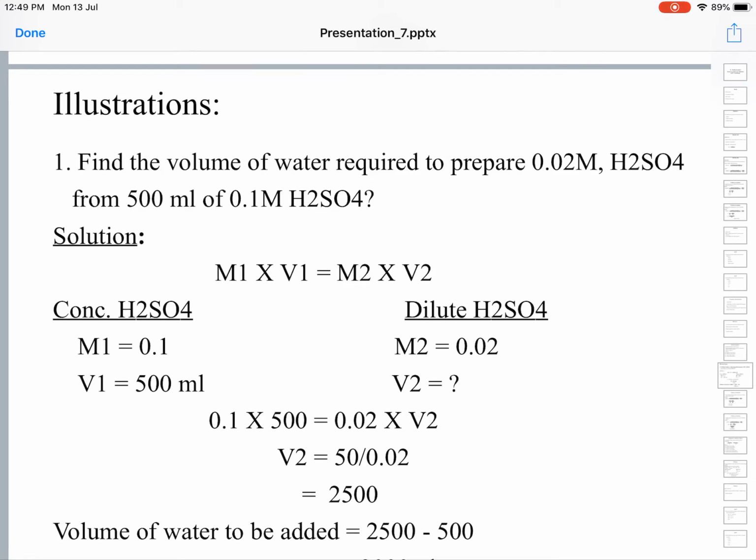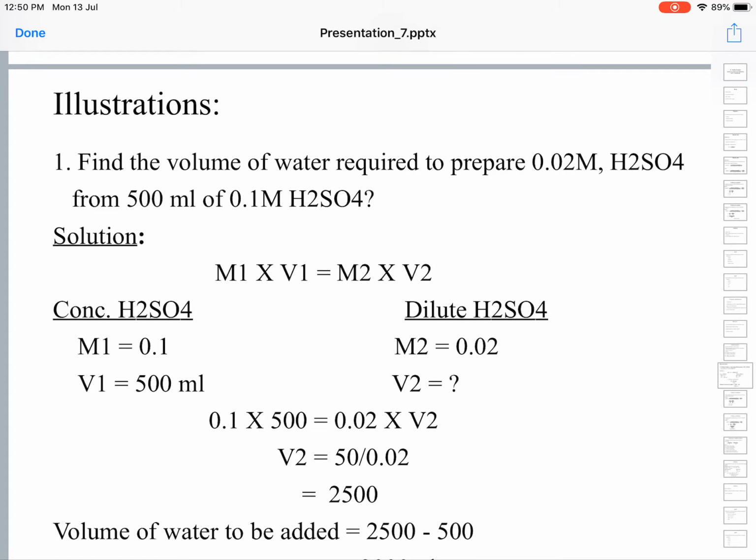But in the problem, 2500 is not the answer. What is asked? Find the volume of water required, or how much water is to be added to change 500 ml of 0.1 M solution into 0.02 M solution. We have got the final volume and we also have the initial volume.